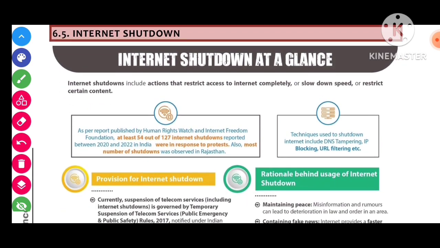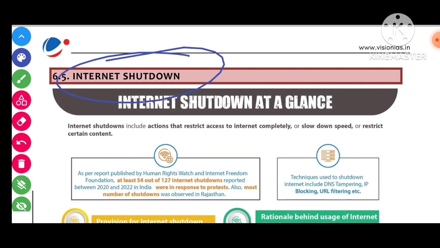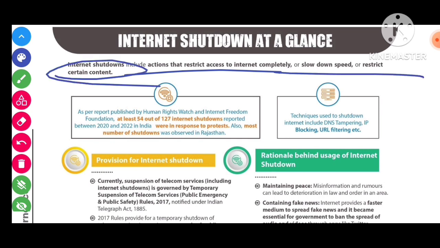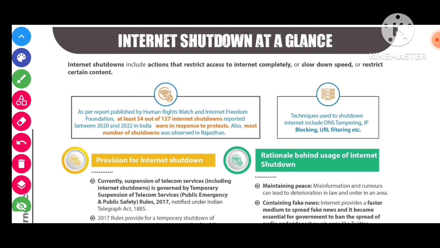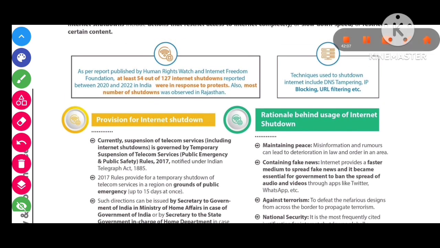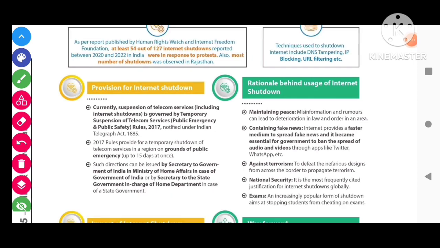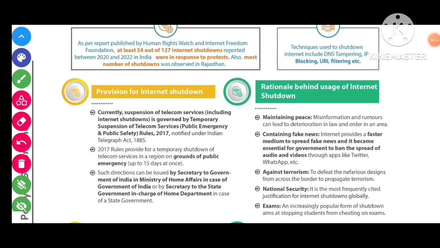Okay, and next is internet shutdown. So you can define internet shutdown: it includes actions that restrict access to the internet completely, or slow down speed, or restrict certain content. Okay, so remember this. And provisions related to internet shutdown, so here you can read one time, okay, very smartly.